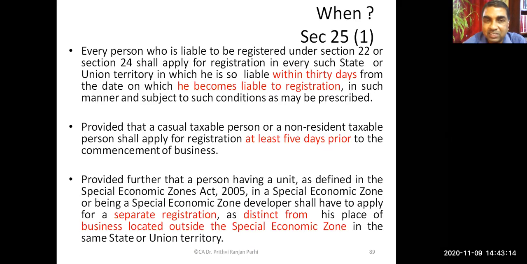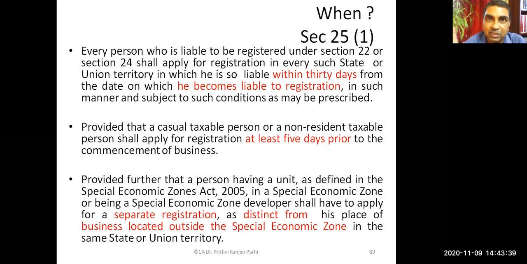In case the person is a casual taxable person, who is a casual taxable person? We know it already, we covered it in the definition part. Or a person who is an NRTP, a non-resident taxable person. These two kinds of people shall apply for registration at least 5 days prior to the commencement of the business.